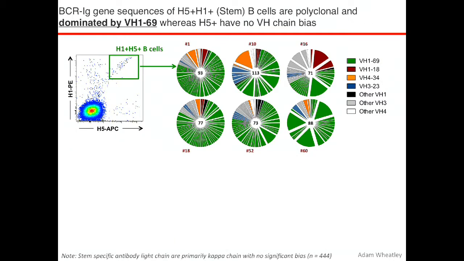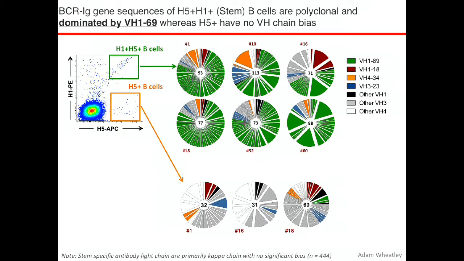What we find is that the H1 positive, H5 positive, or stem B cells are actually dominated by one heavy chain, which is VH169. These are all different clonal families, but they're all using this one heavy chain. Whereas if we look at the H5 population, you don't see that dominant heavy chain at all.